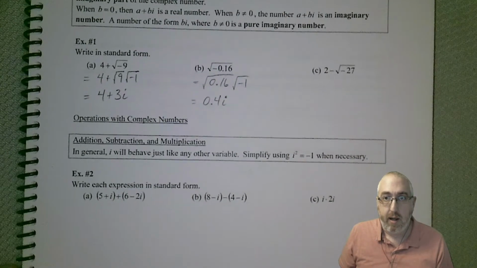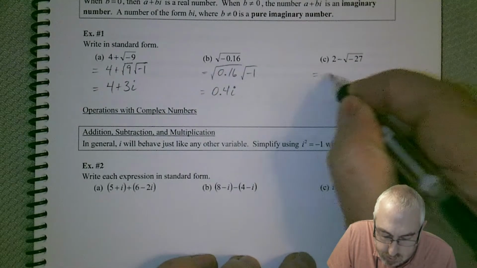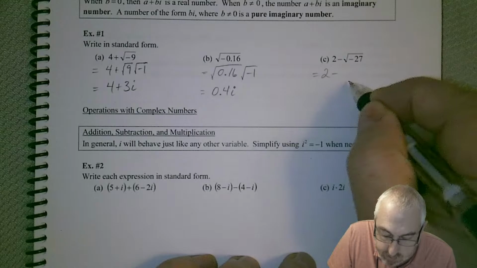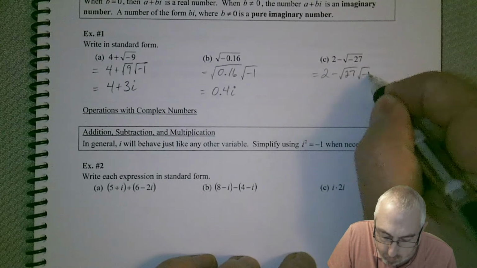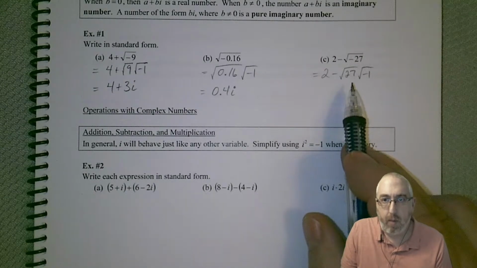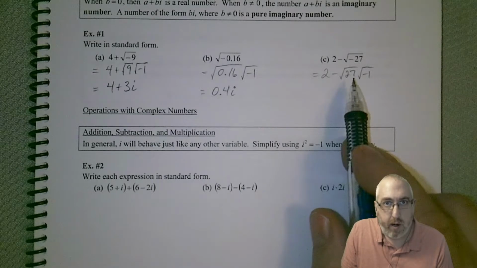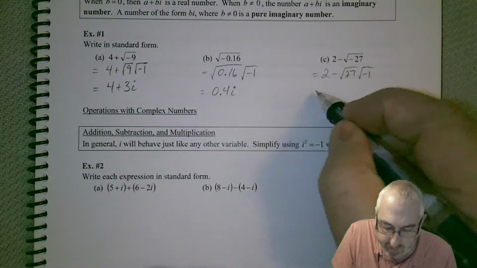All right, let's try one more. We've got 2 minus the square root of 27, times the square root of -1. Now the square root of 27, we've got to be a little bit careful about. That's not a perfect square, so we have to separate it so that it's simplified down.